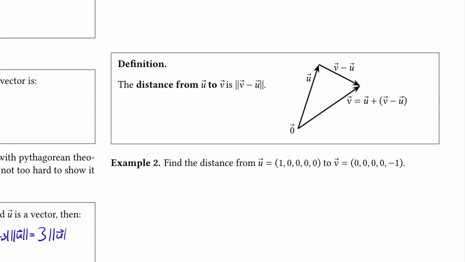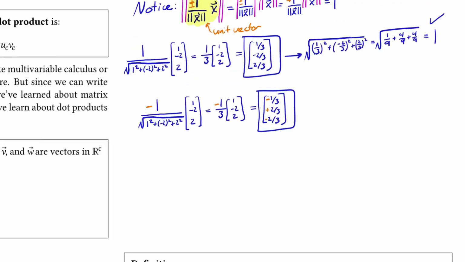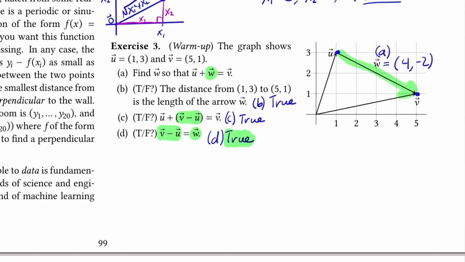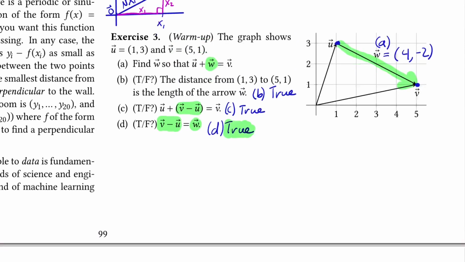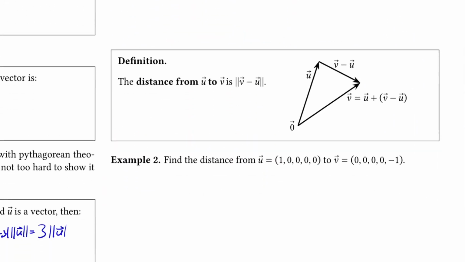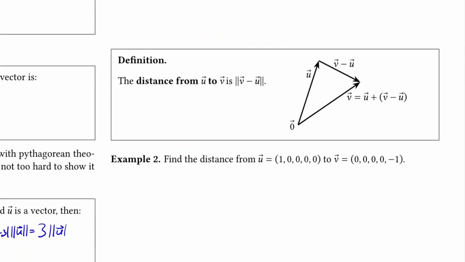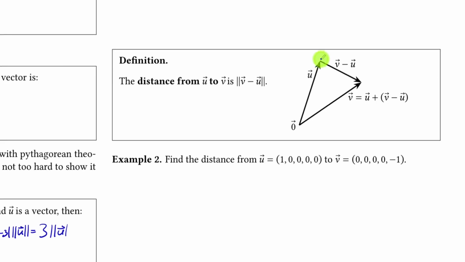So now let's talk about the distance from u to v. Hopefully exercise 3, the warm-up, prepared you for this. When we say the distance from u to v, I mean the distance between the point u and the point v, which is the length of this line.